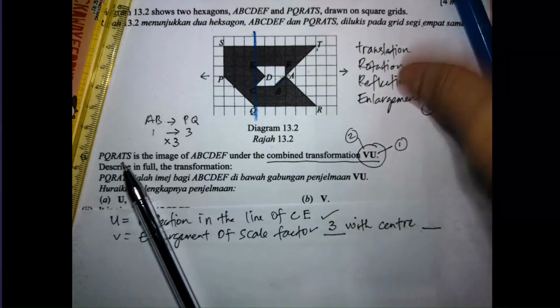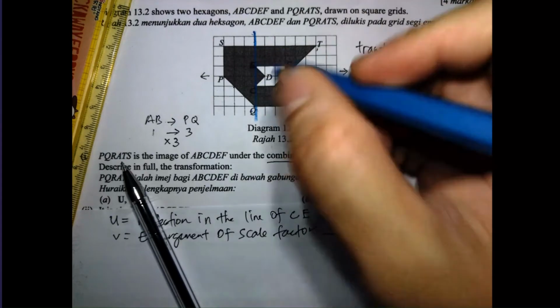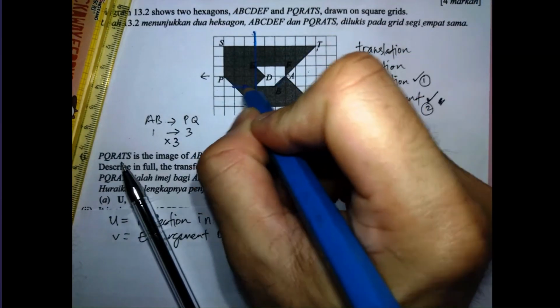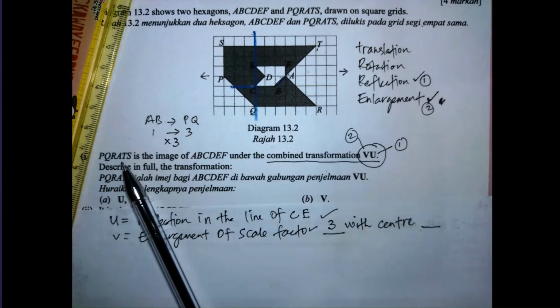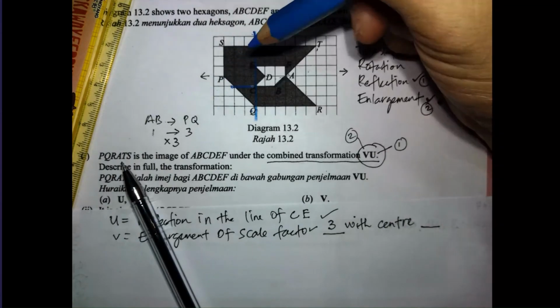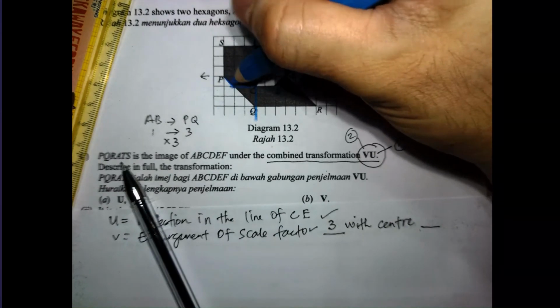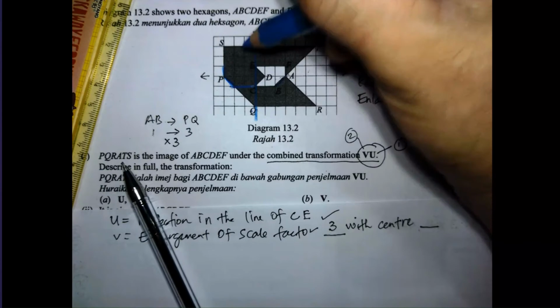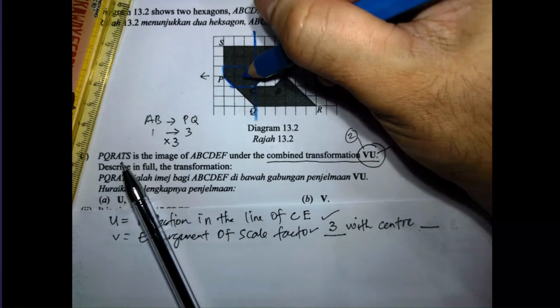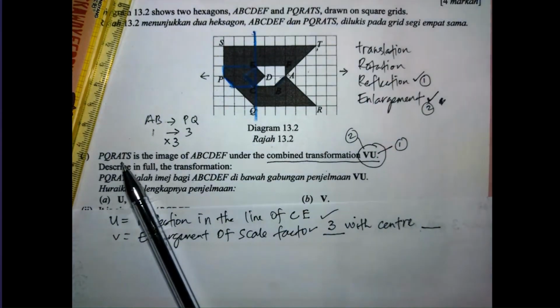After reflection, this line will become here. Still cannot see. Okay, so we zoom a bit.